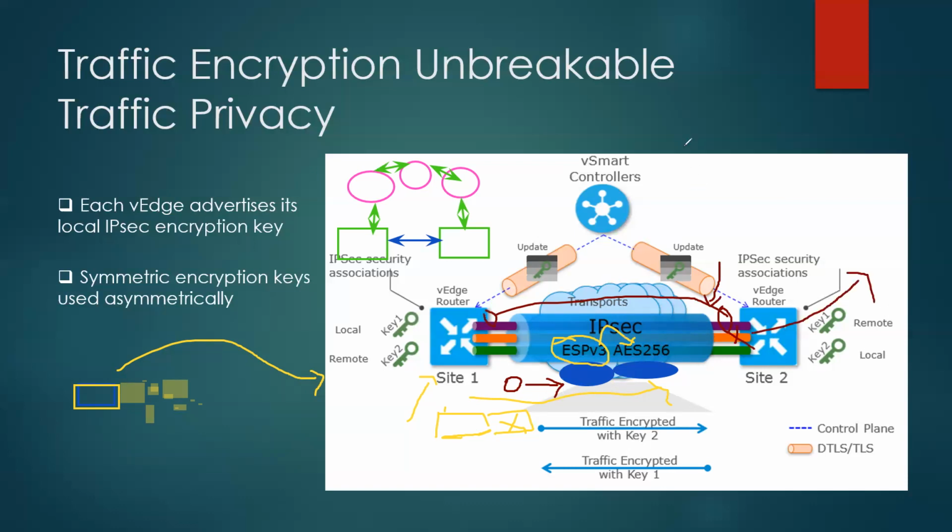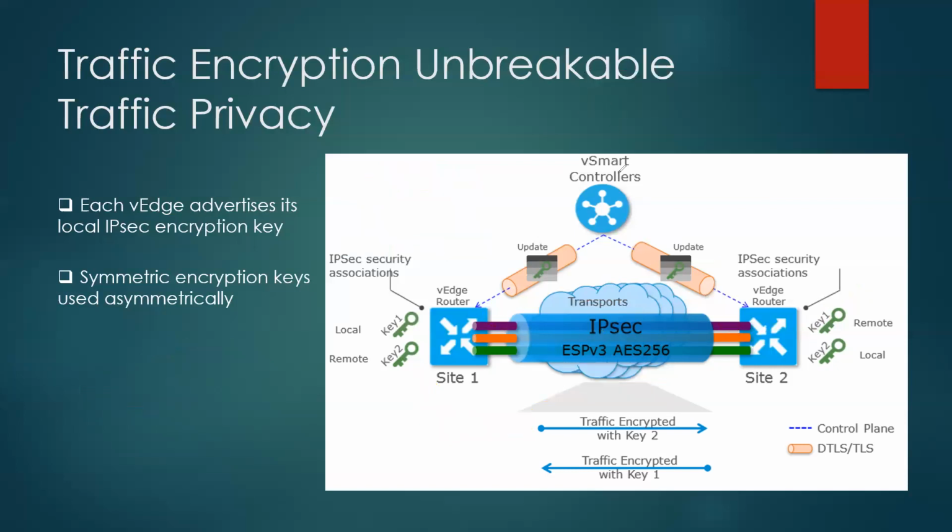Now it's normal IPsec that we are considering here, with one small change. If you go and check that particular header, you'll find you have room for a tag as well. Tag is nothing but your VPN.